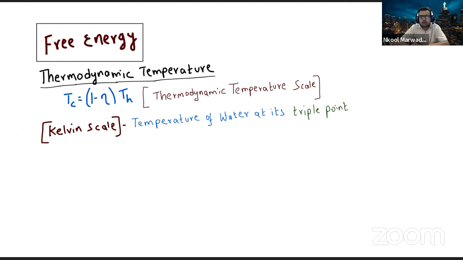The temperature of water at its triple point is considered to be the Th. That is the temperature of the hot source. And what is this temperature?